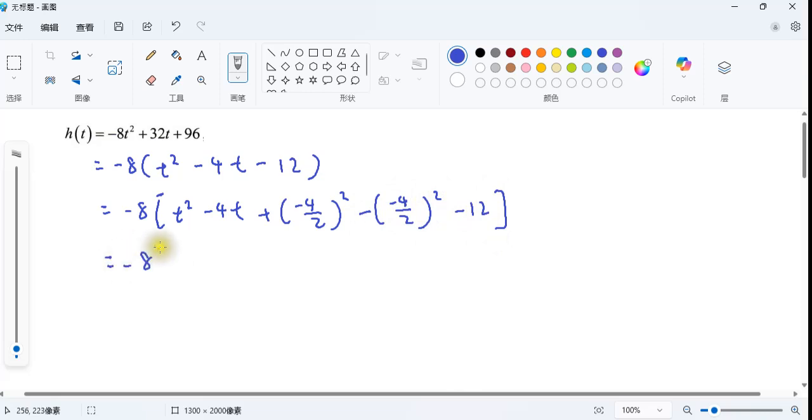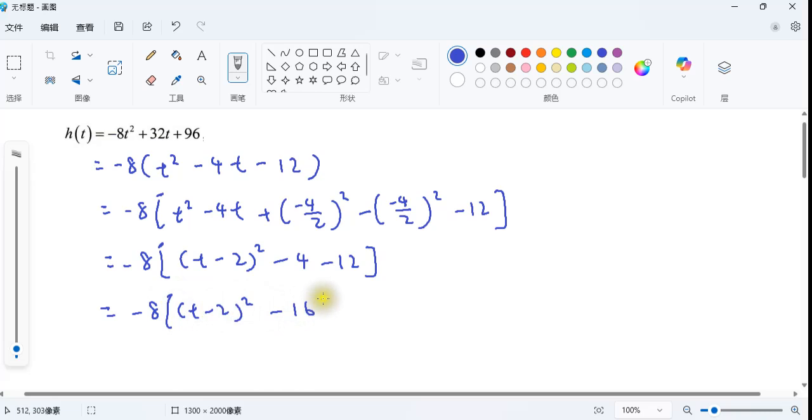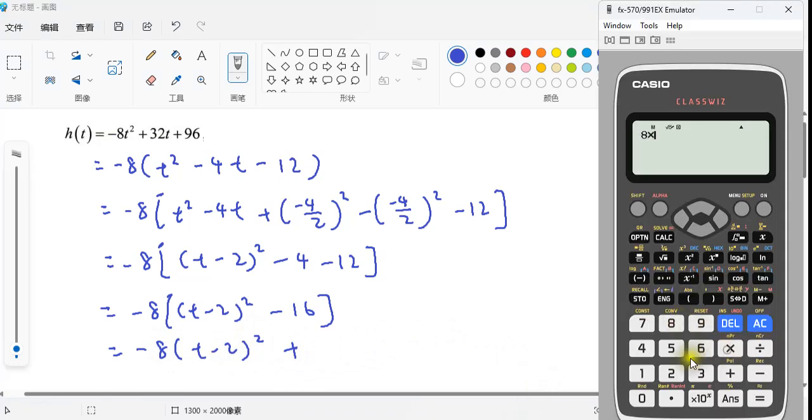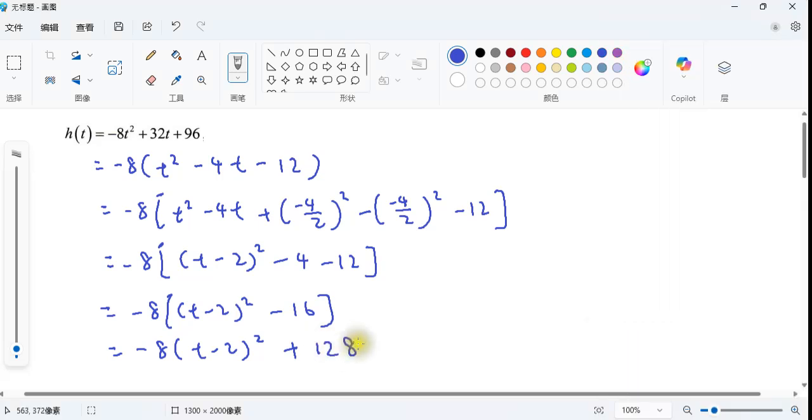So it will become negative 8 times (t minus 2) squared minus 4 minus 12. So it will become negative 8 and then (t minus 2) squared minus 16. So it will be negative 8(t minus 2) squared plus, okay, 8 times 16 is 128.